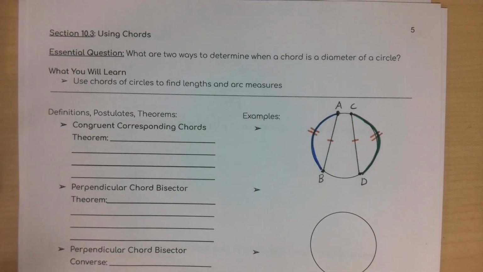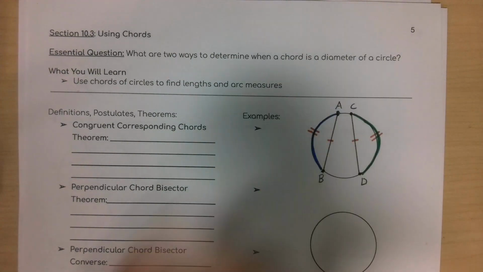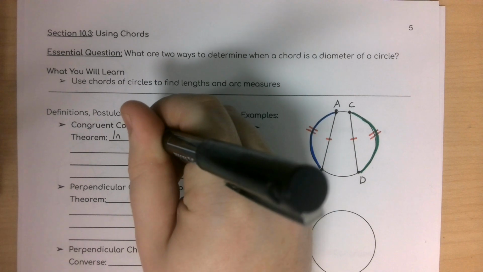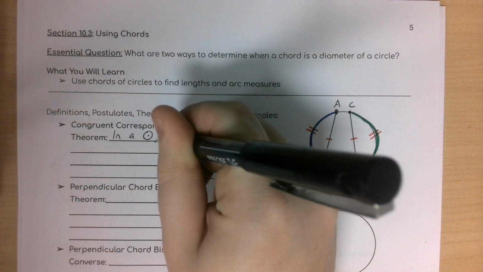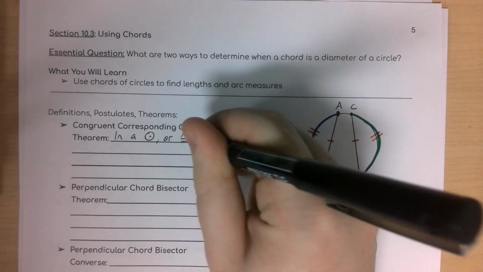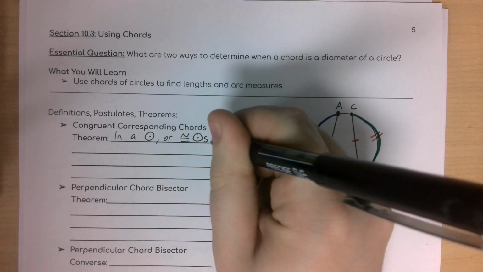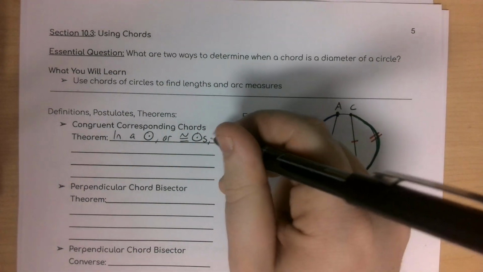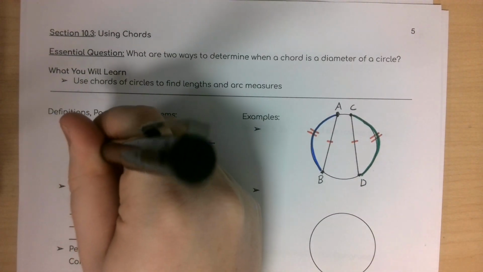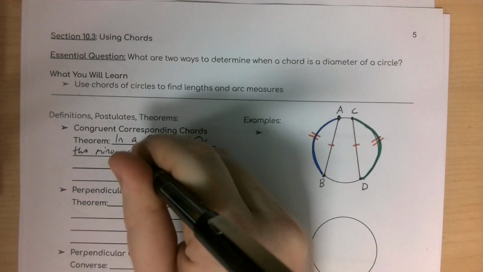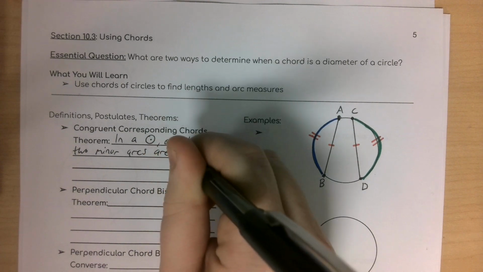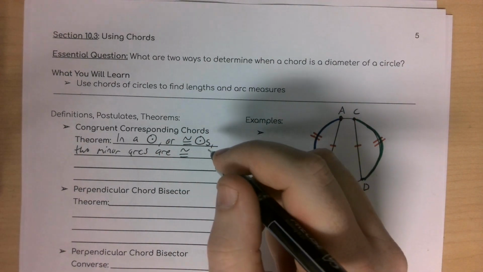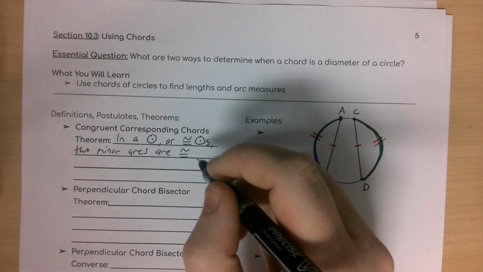The congruent corresponding chords theorem says, in the same circle, or in congruent circles, so this could also work if you have two circles that are the same, two minor arcs are congruent if and only if their chords are congruent.